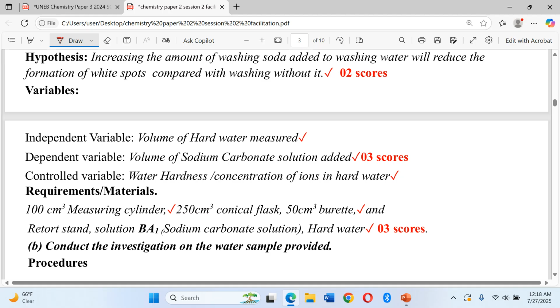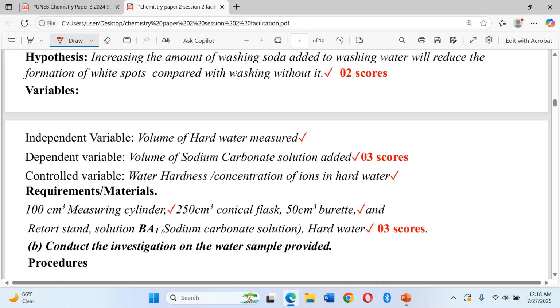What are you keeping constant? The water hardness, or the concentration. The concentration of ions in hard water is going to be left constant. What is going to be changing? The volumes. The concentration is the same. You have 20 liters with the same concentration.